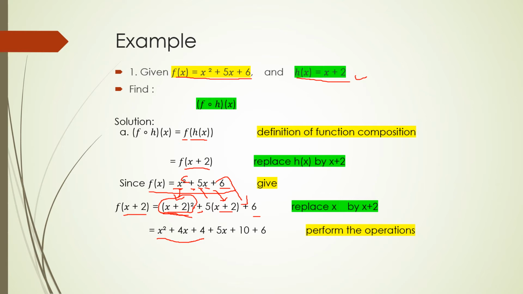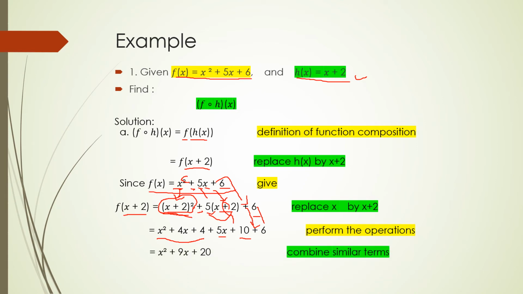So you need to have skills in the square of a binomial. Then we distribute 5 times x, that's why we got 5x, and 5 times 2, that's why we got 10. We adopt this addition here, and then plus 6.